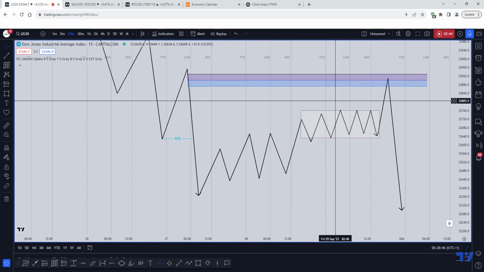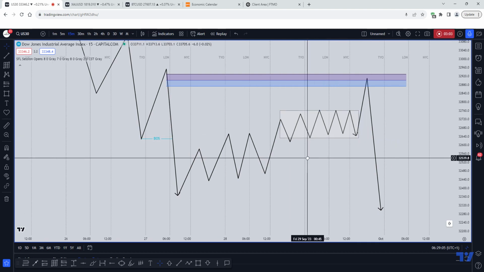Institutional traders, as you'll hear me say time and time again, can't simply buy and sell like we can. They need to generate enough liquidity for their orders to get filled. And one of the ways they do that is the market maker will set traps. These traps are inducements for retail traders. And this is a great example of one of the traps.